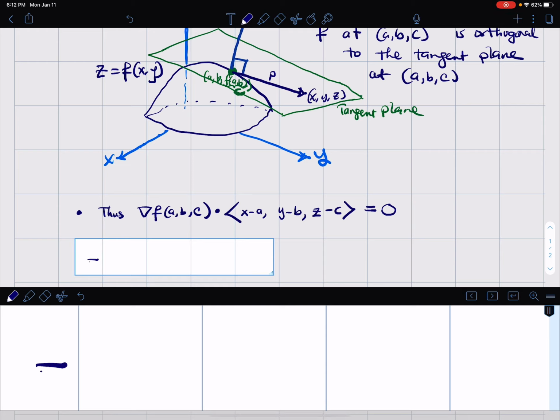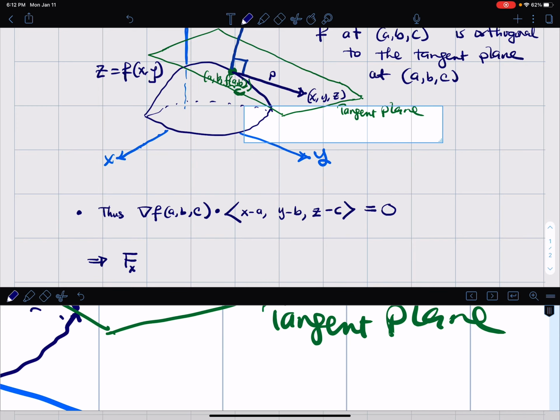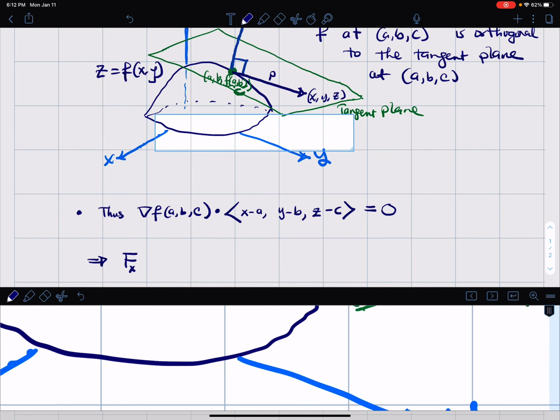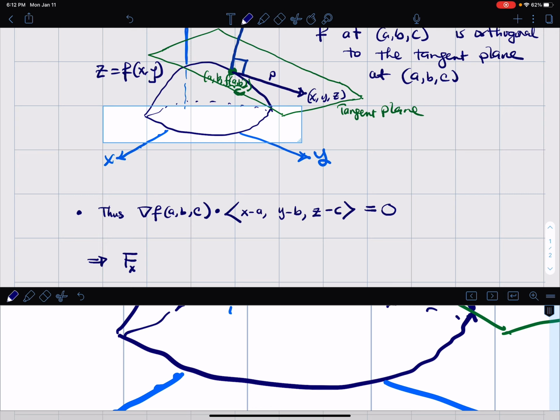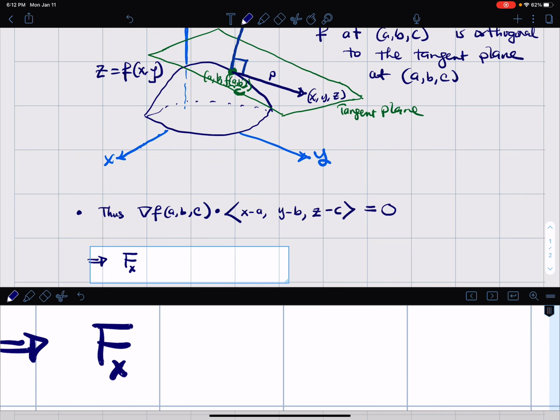But what does this mean? This means that the gradient of f at (a, b, c) is the partial with respect to x of the function describing the 3D surface, evaluated at (a, b, c), multiplied by x minus a.